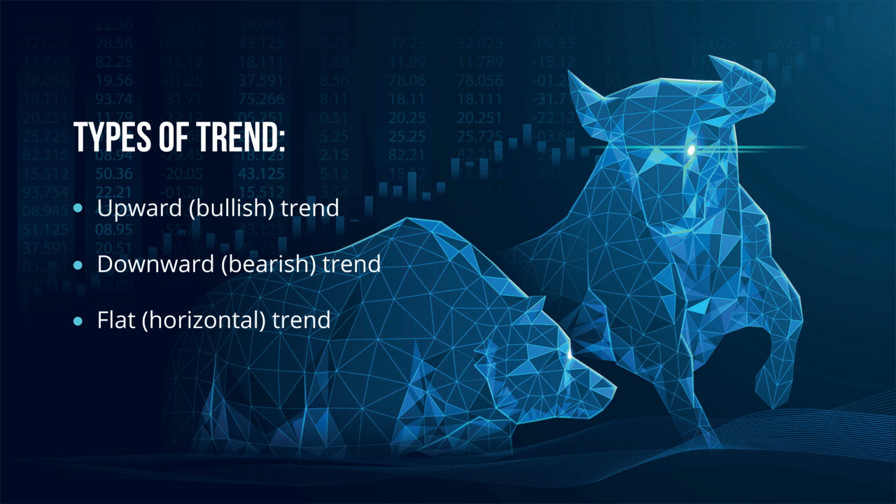The second type is called downward or bearish trend, so when the price is going down. The third type is called flat or horizontal trend. It basically means that the price is not going only up or only down, basically the direction is changing. It looks like a wave on your chart.